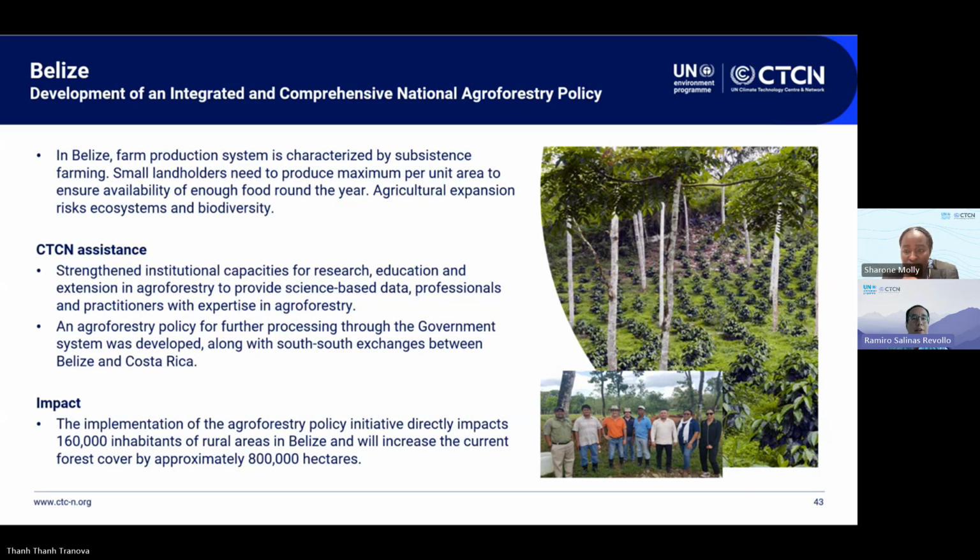And so the national policy was formulated on that baseline study, supporting the coordinated work of institutions related to agriculture, environment, and forestry through different activities such as meetings or interviews and focus groups that were developed.